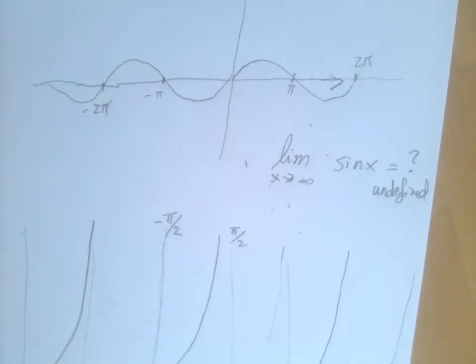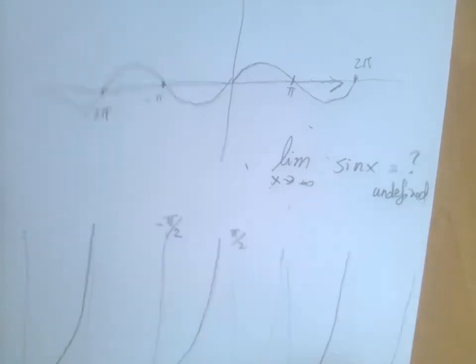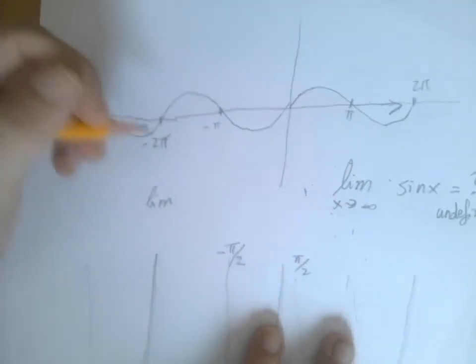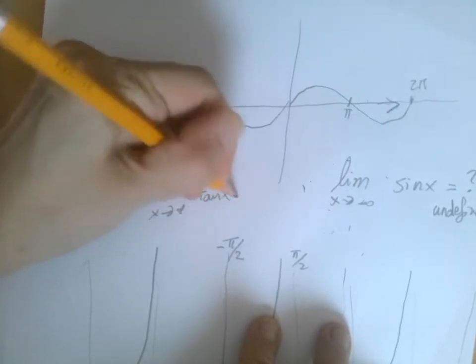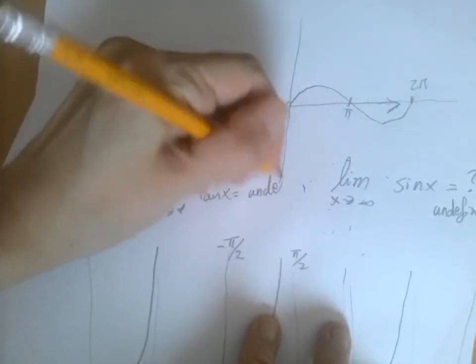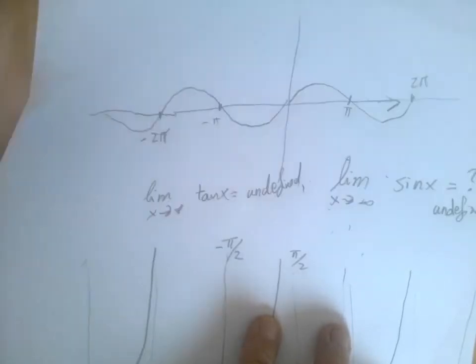We could have defined the end behavior to be infinity, but we rather went with undefined because we want the graph to get large and stay there. Now what do we mean by staying there? So this is undefined too. The limit as x approaches infinity of tangent x is also undefined.